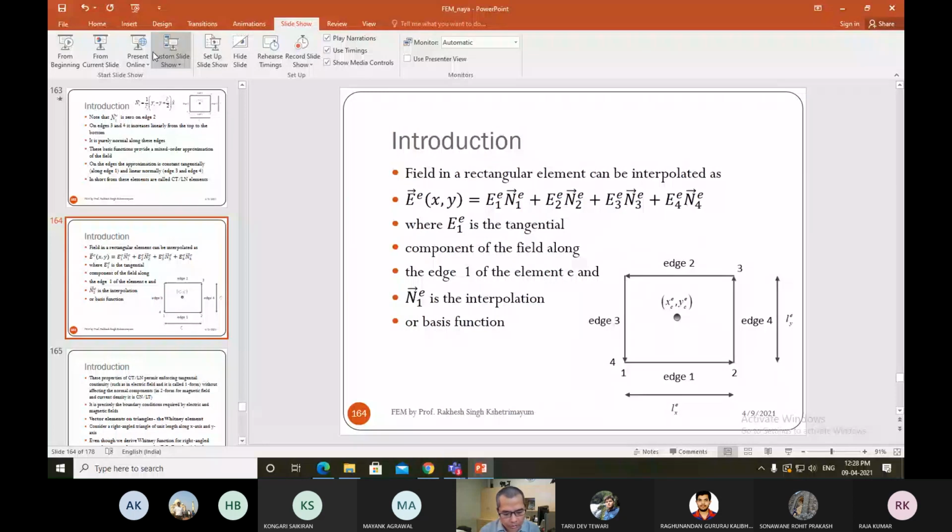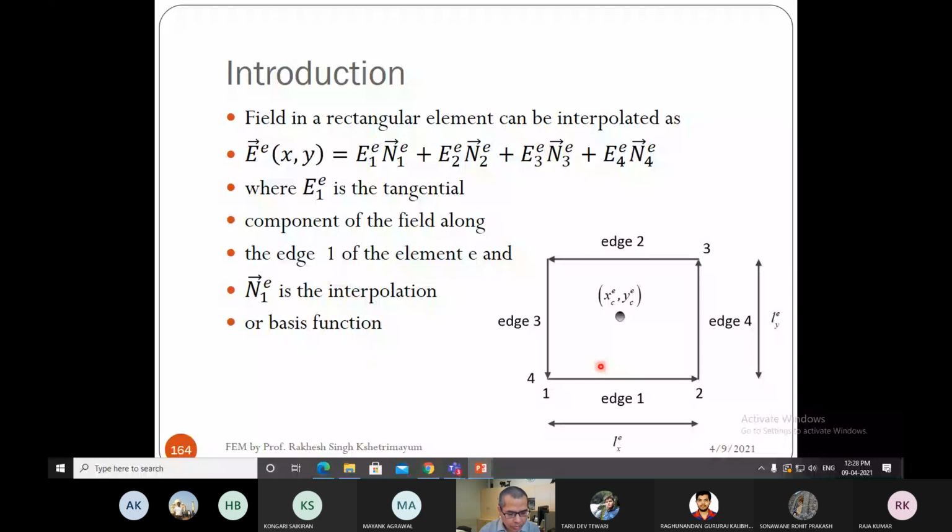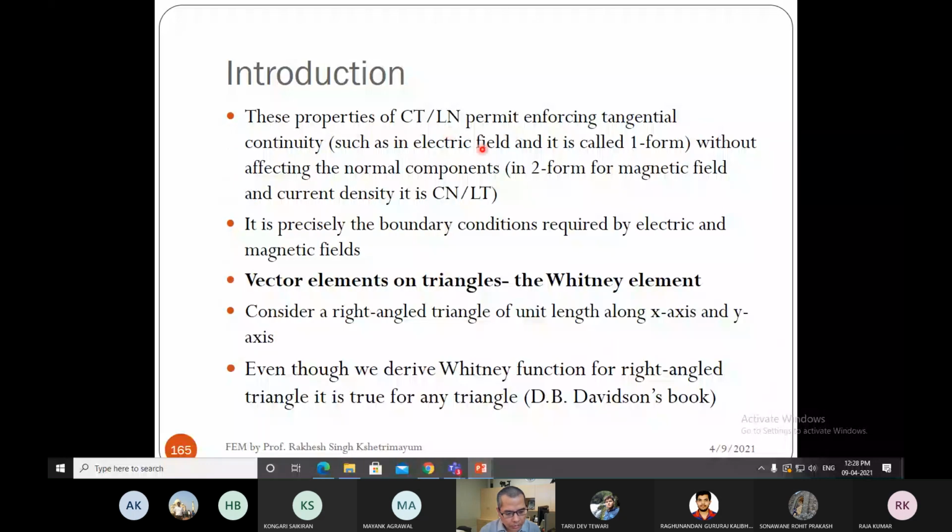What is the boundary condition on the electric field? The electric field is tangentially continuous, so that boundary condition for the electric field will be automatically satisfied by this kind of vector basis function. So that's why we are going for CTLN for finding the fields. It permits enforcing the tangential continuity of the electric field, and it is called the one form, without affecting the normal components.